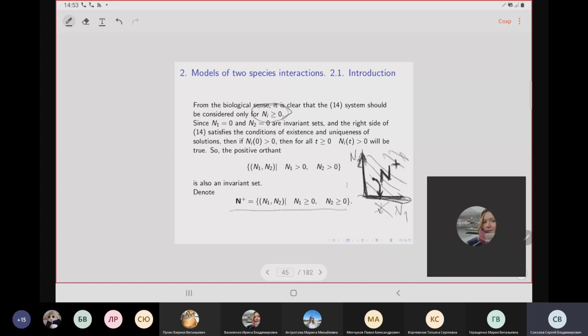It means that the number of rabbits will never become negative, and the number of wolves also will never become negative. That's very good. So from the mathematical point of view, the positive orthant is also an invariant set, and the solutions cannot go out of this orthant.